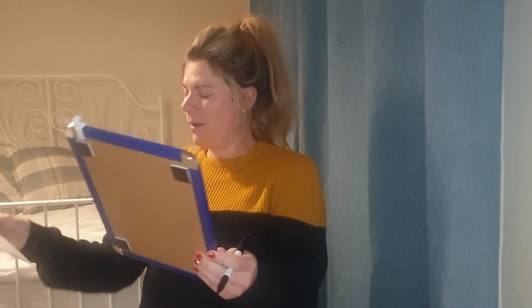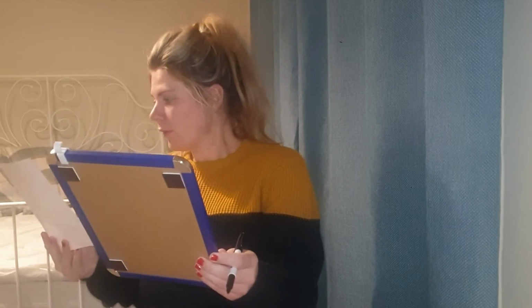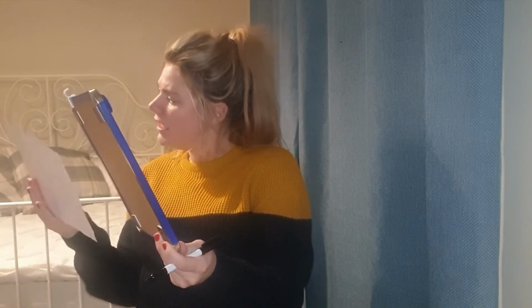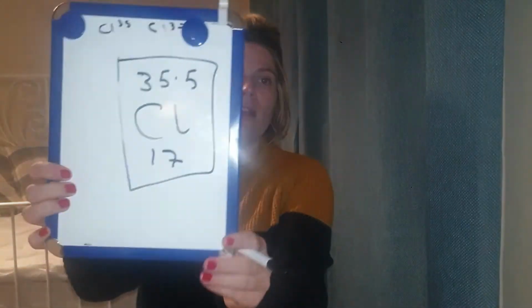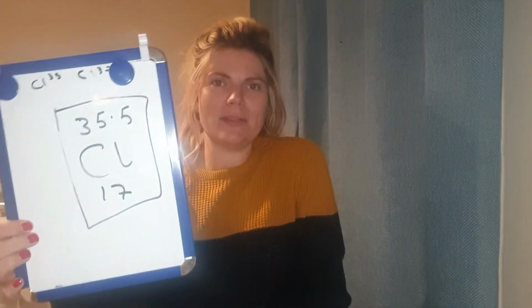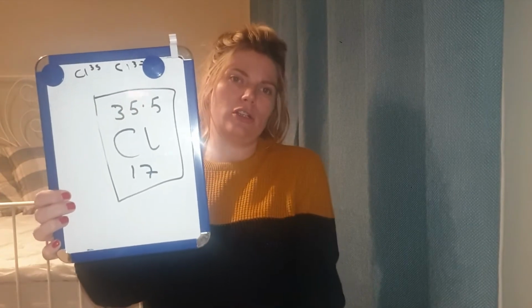In chlorine, you got Cl, and then the top number is 35.5, and the bottom number is 17. So if you were to look on your GCSE periodic table, that is what, obviously a lot neater, but that is what the chlorine box will look like.